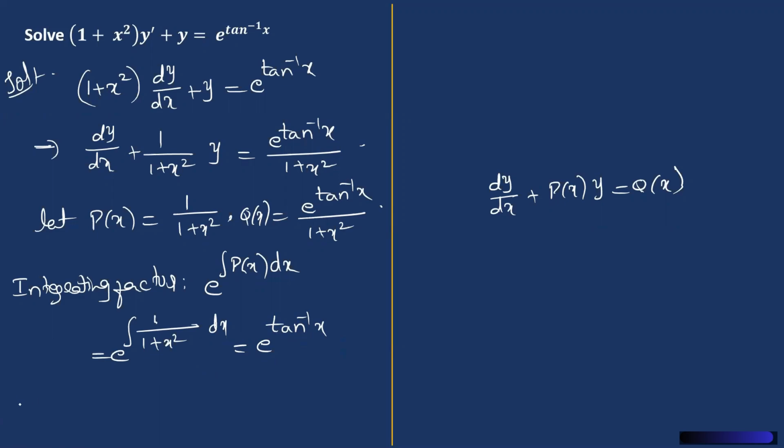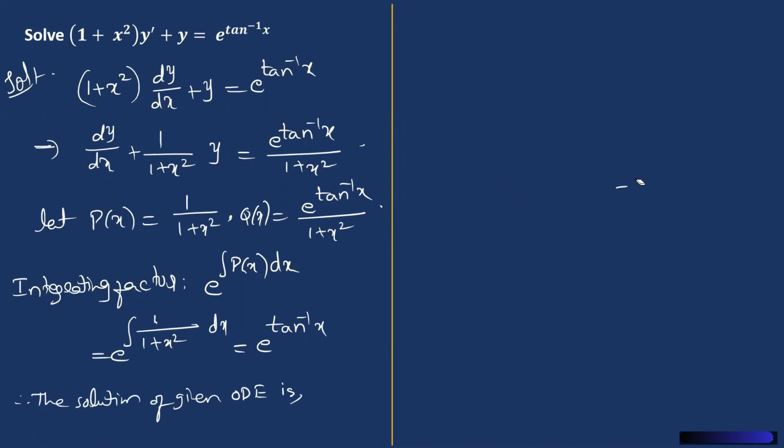Now, keeping this in view, if you write the solution, therefore, the solution of the given differential equation is, see how much it will be. I'm just writing it this way. Dependent variable is y multiplied by integrating factor.